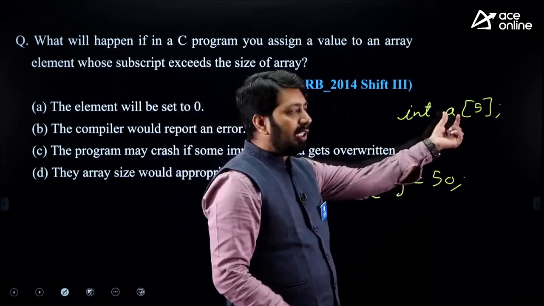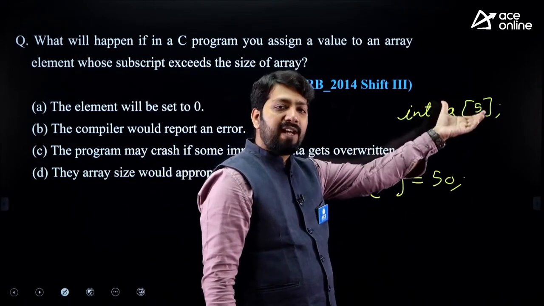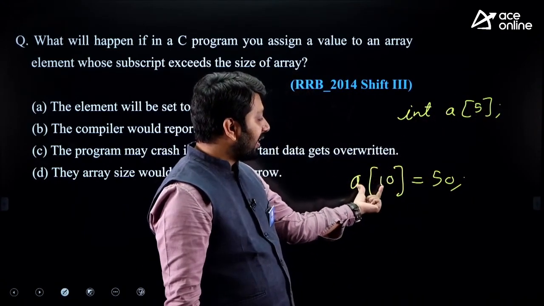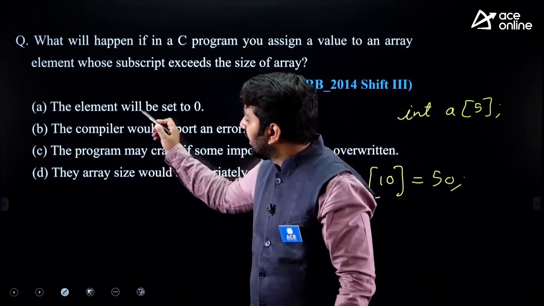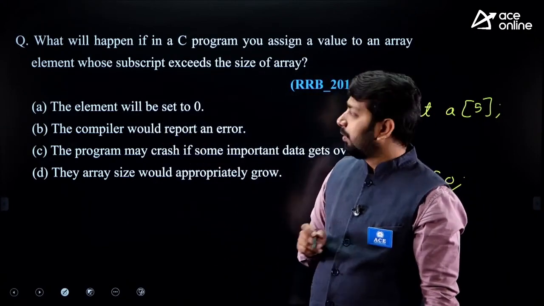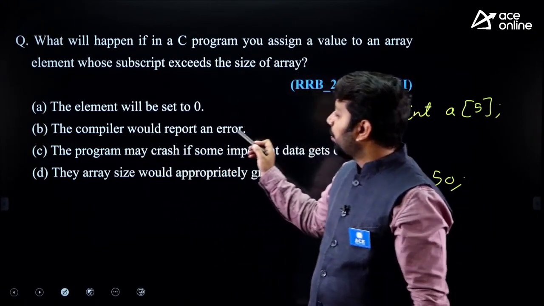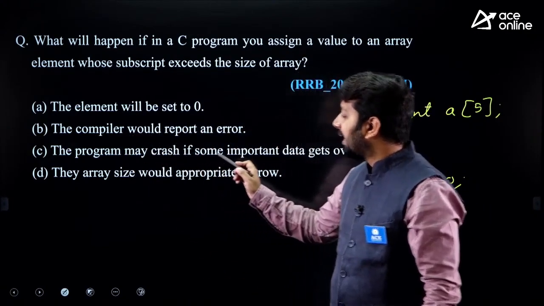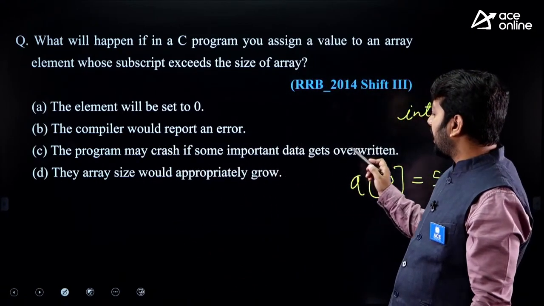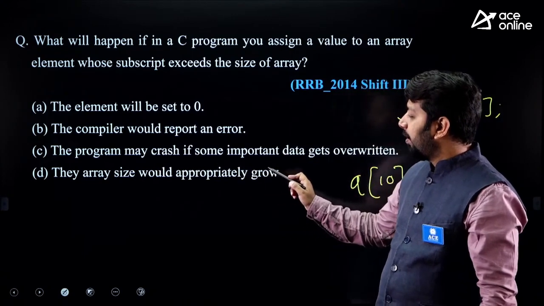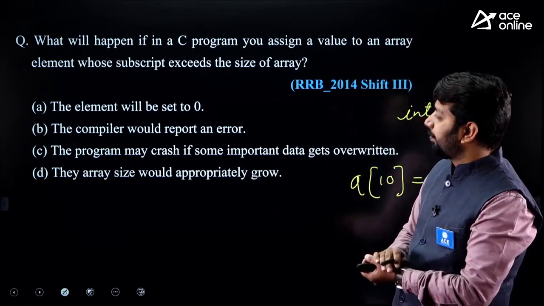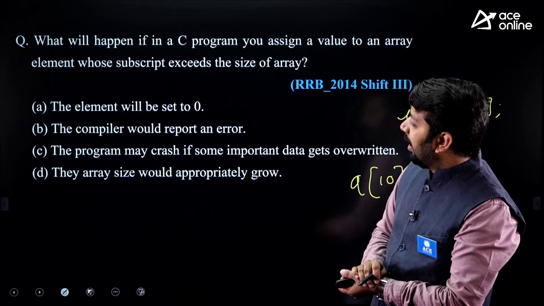Our array index value will be 0 to 4, not even 5. But here I am trying to access a[10]. Fine. So what will happen? The element will be set to 0. The compiler would report an error. The program may crash if some important data gets overwritten. The array size would appropriately grow.